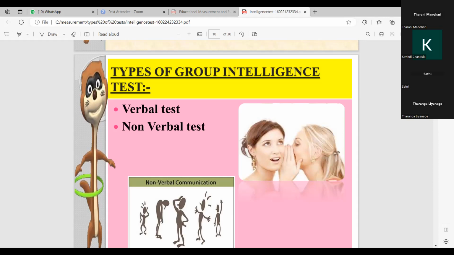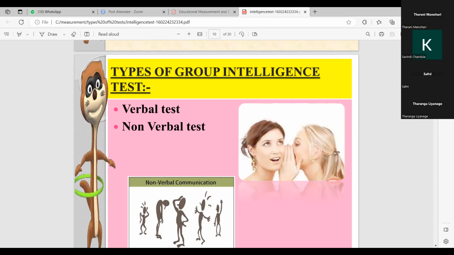So therefore, they built two intelligence tests called Army Alpha and Army Beta. Army Alpha was a verbal test, so people who could communicate and were a little literate could do it.